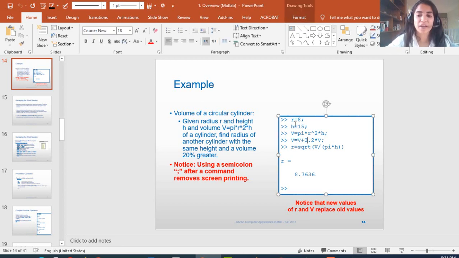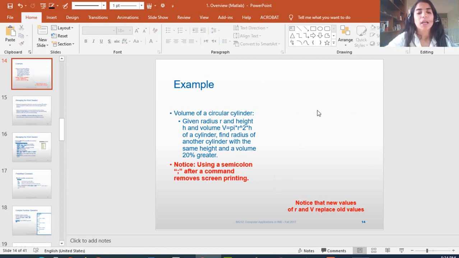Okay, so this is a very basic problem that we can solve on MATLAB. I will remove the solution for now. Basically, I have that the volume of the circular cylinder is pi r squared times h. Given a radius r and the height h, we can find V of a cylinder.